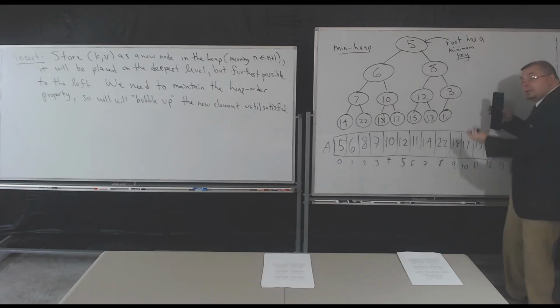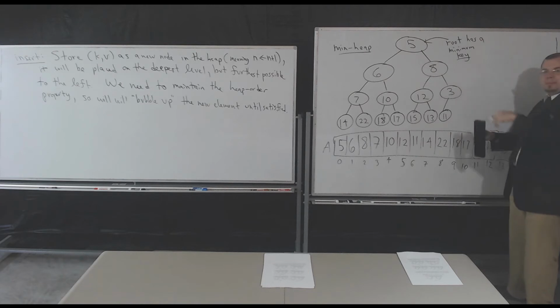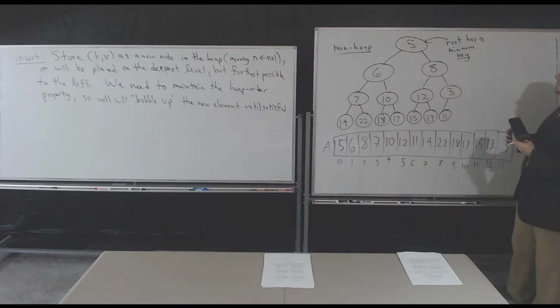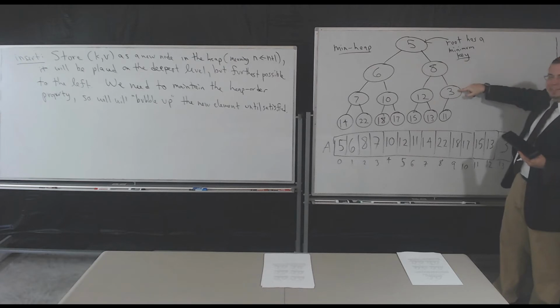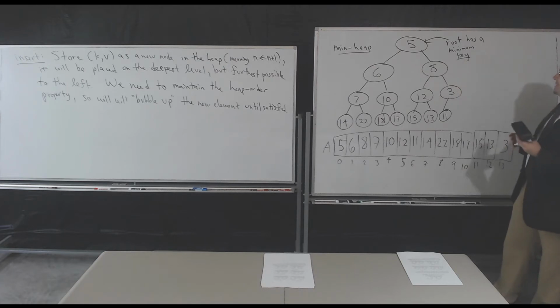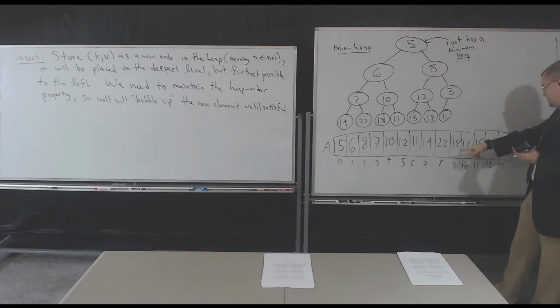So I'm bubbling up. I do a key comparison and then I switch them if it's in violation of this property. Are we done yet? Well, 8 is bigger than 3, so the answer is of course no. So I'm going to exchange the contents of these nodes, or their elements.